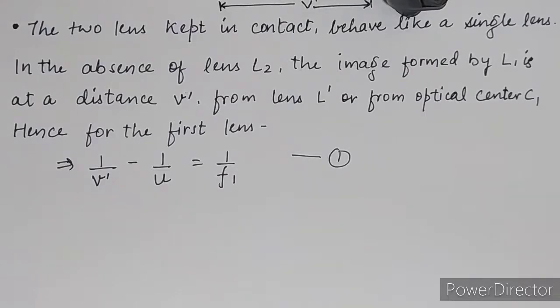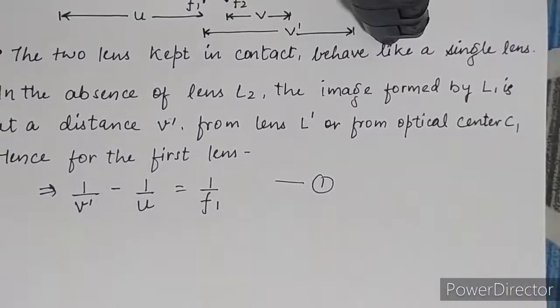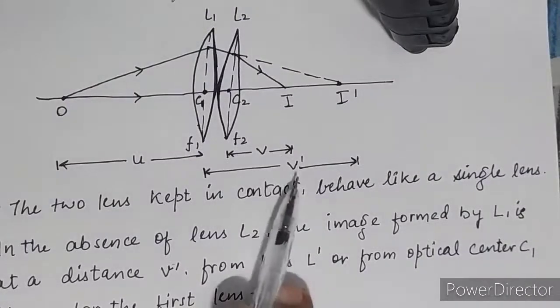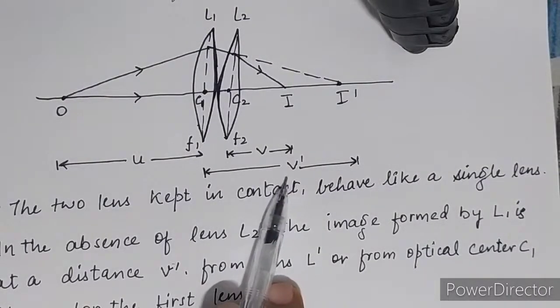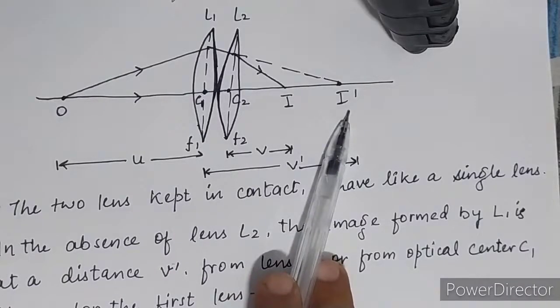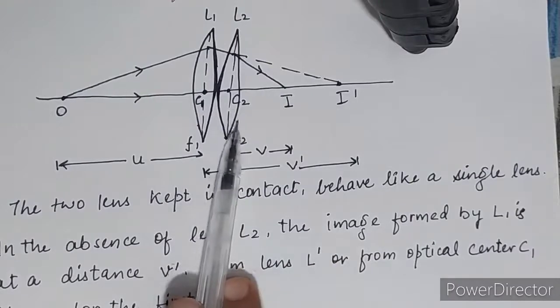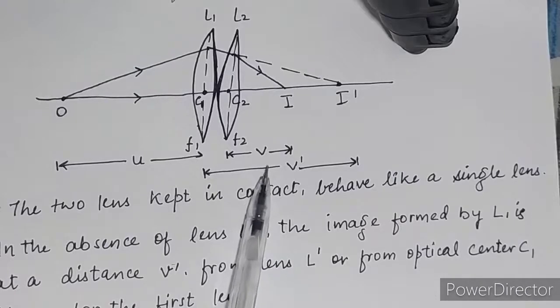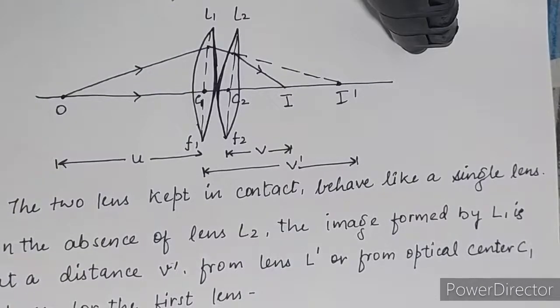So, C1 and C2, the optical centers of both the lenses, are very near to each other. As I just told you, in the second condition, I dash behaves like an object for the second lens. So, V dash will be the object distance and V will be the image distance. Clear?